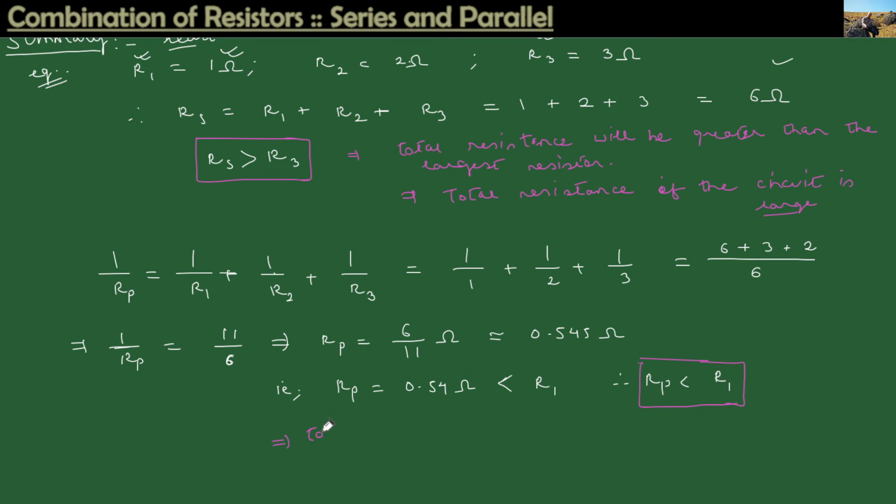So from here, the total resistance will be smaller than the least resistor.